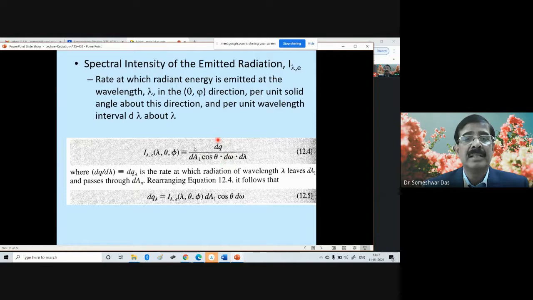So this dq lambda is the rate at which the radiation of the wavelength lambda leaves the surface dA1 and passes through the intervening surfaces in the atmosphere, denoted by dAn. So this is the spectral intensity of the emitted radiation by definition. Whenever we talk about the spectral intensity of the emitted radiation, just remember this definition and this formula.